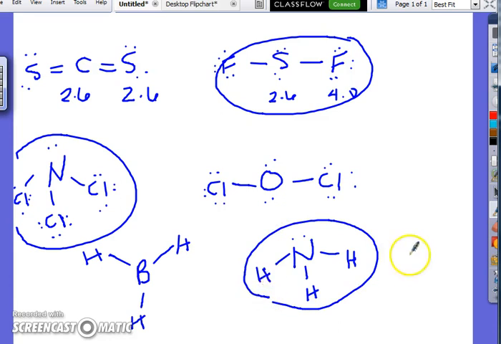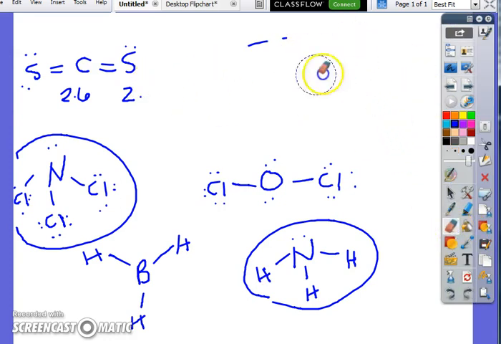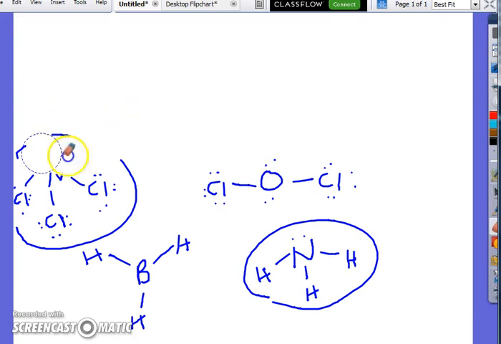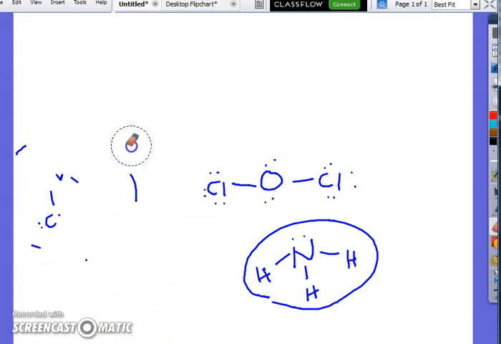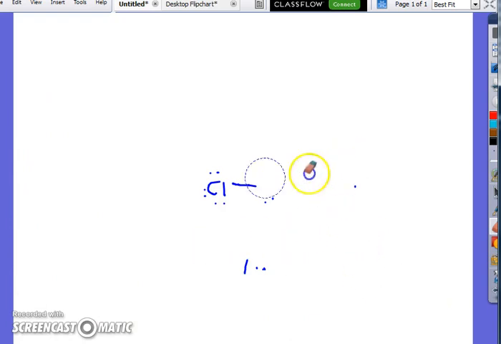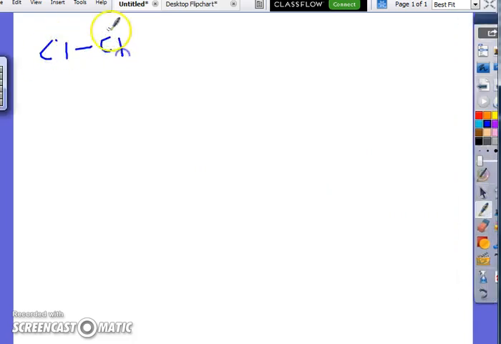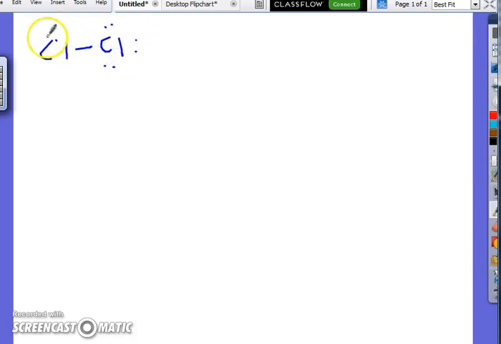When I look at the next one, let me erase some of these. So chlorine diatomic, that's really not polar, versus phosphorus trichloride.